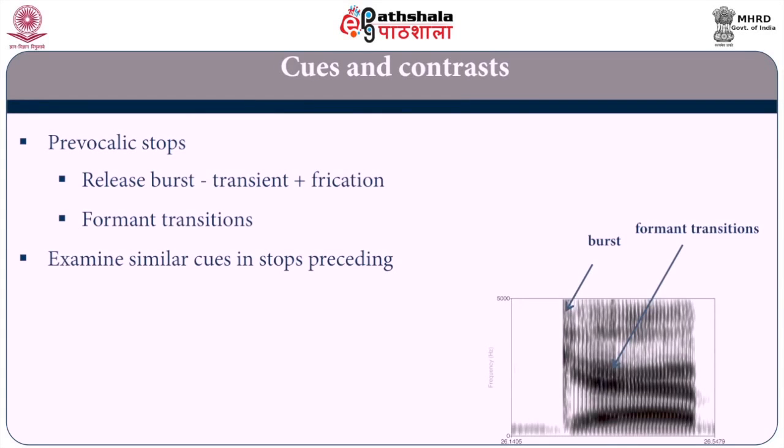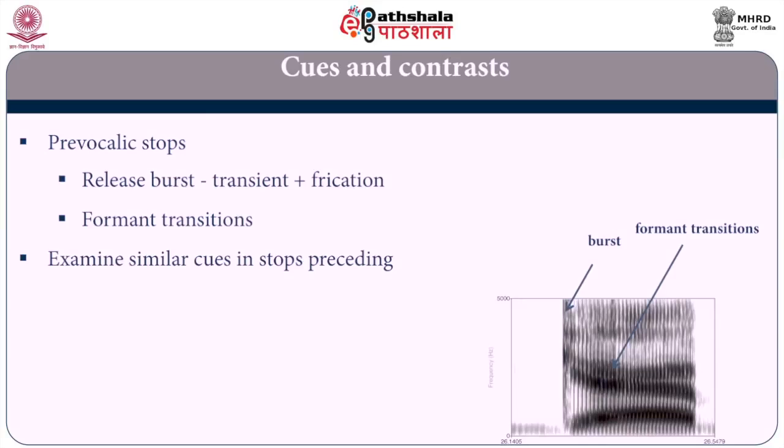So, we have talked about certain acoustic cues and how those cues participate in contrasting meaning differences. If you take the spectrogram that I'm sure you will see on the screen, you will see a burst. What is a burst? A burst is a cue for plosives, right?